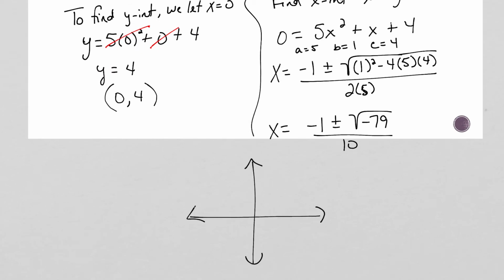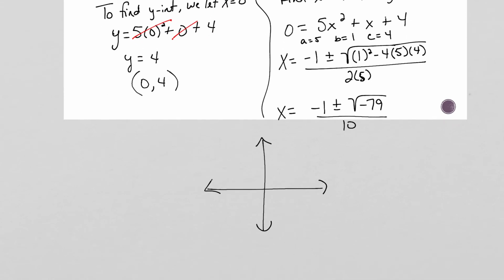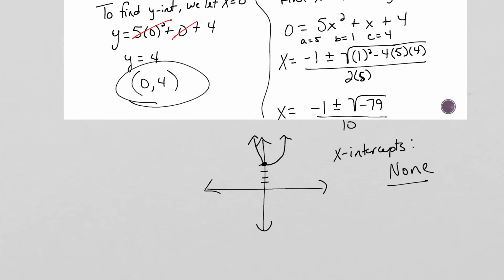It'll go through that point right there, but I don't know which side it's on, so I'm just going to make something up. That means there are no x-intercepts. So we do have a y-intercept, but we have no x-intercepts.